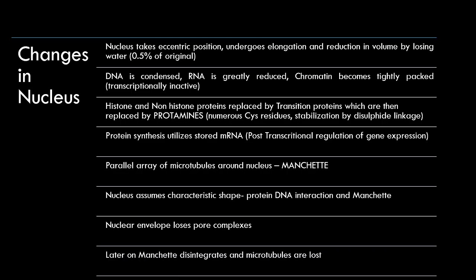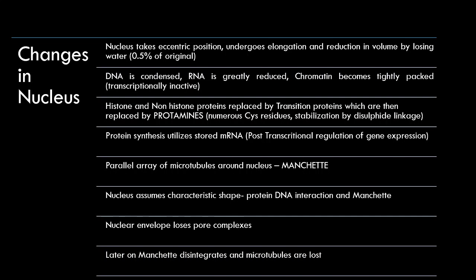So what are the changes that are taking place in the nucleus? First of all, the nucleus takes the eccentric position, that means it moves away from the center. It undergoes elongation and it loses water. So the DNA is condensed inside the nucleus, RNA is also greatly reduced, and the chromatin becomes tightly packed.